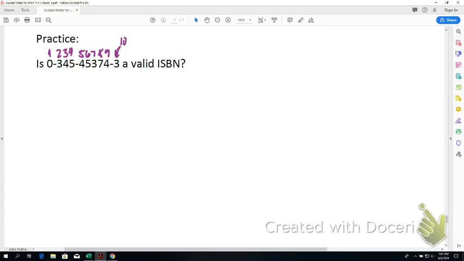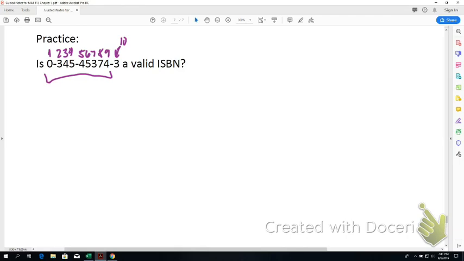I'm going to multiply each one of the first 9 by its place value, add them up, and do mod 11. If I get 3, because remember, the 10th digit is 3, after I do the mod 11, then this is a valid ISBN. If you don't, then it is not. So let's write out this formula and see what we should have.